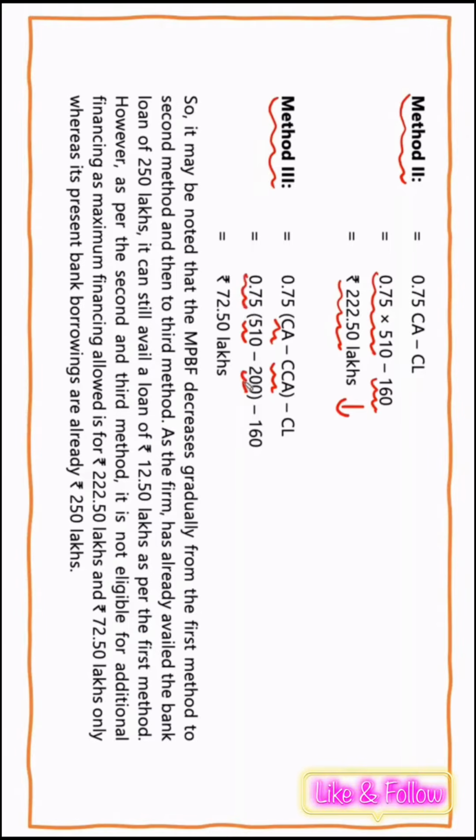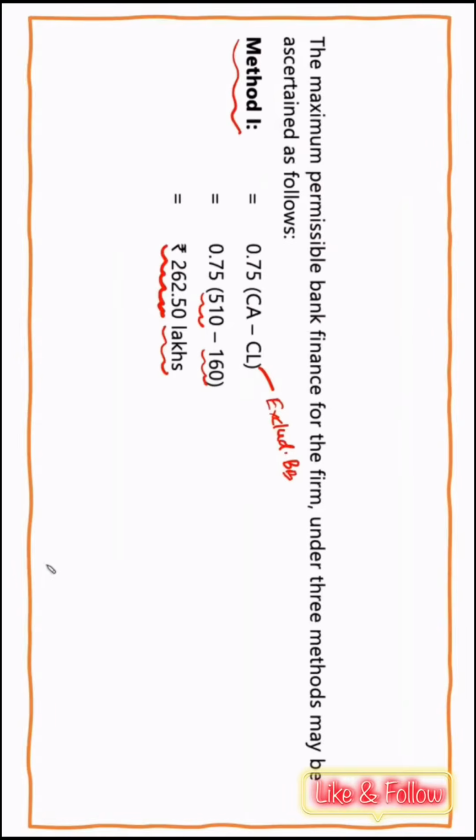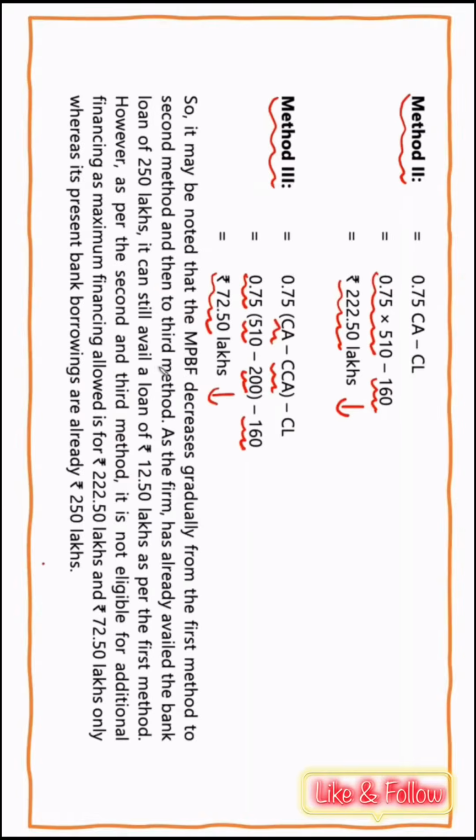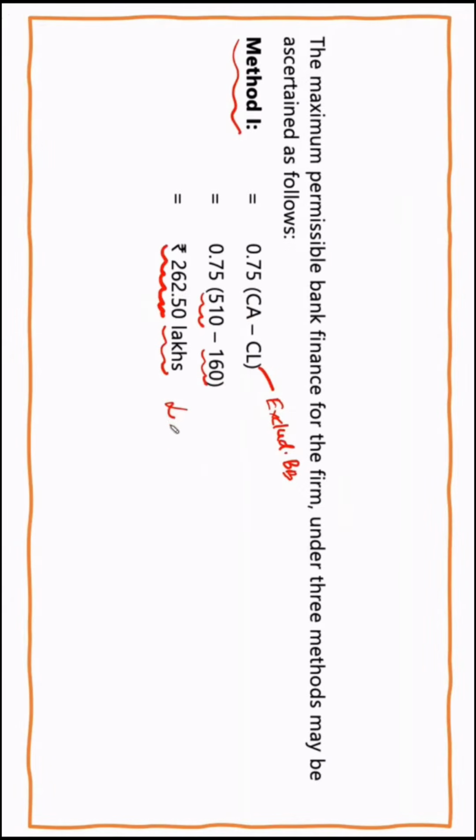And that should be compared with the current liability of 160. So what you are getting is 72.5. Look, it has come down from 262.50 to 222.50, and it has come down further to 72.50 in the third method. So the third method is considered very stringent, the second moderate, and the first very liberal.